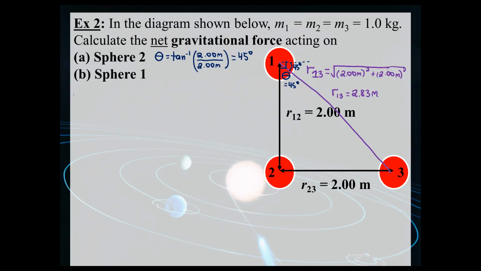Okay, let's do 1 and 3 first. So I'll say Fg13 is equal to G M1 M3 divided by R13 squared. Let's plug the numbers in. Gravitational constant 6.67 times 10 to the negative 11 newtons times meter squared per kilogram squared. Multiply by M1, it's a 1 kilogram mass.